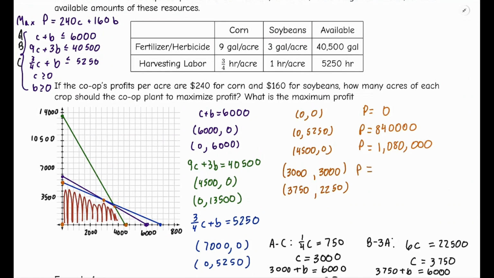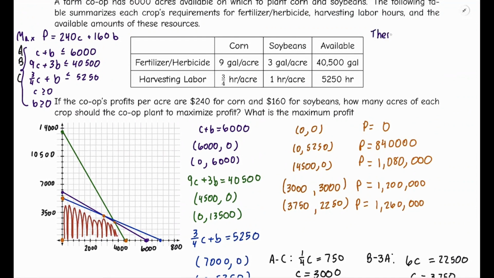And then 240 times 3,000 plus 160 times 3,000 is 1,200,000. And then 240 times 3,750 plus 160 times 2,250 is 1,260,000.